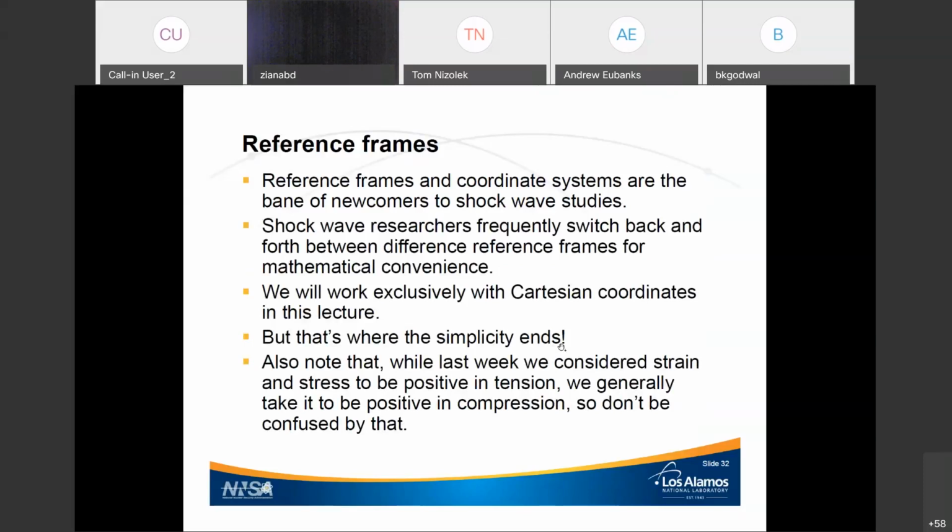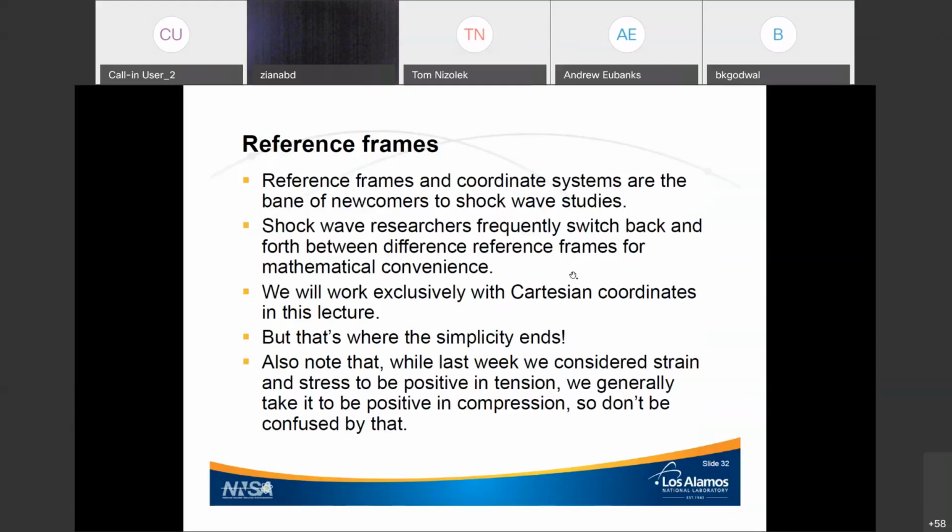Shockwave researchers will switch back and forth between different reference frames or different coordinate systems for mathematical convenience. Now, for our purposes, we're only going to talk about Cartesian coordinates. And that makes sense since we're only talking about one-dimensional things, but you will find mistakes made even in Cartesian coordinates.